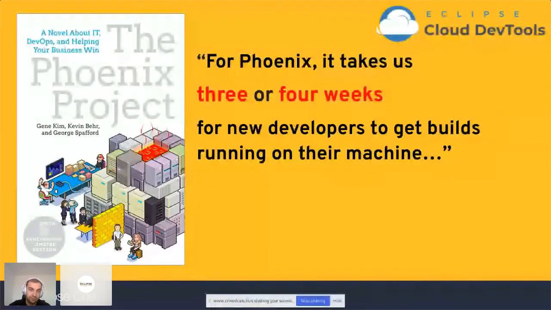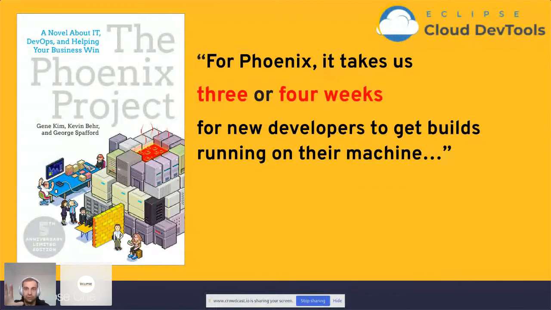Like in this book, how they solved this problem with onboarding: they started to use virtual machines. I think the book was written sometime in 2013, and we know that the first version of Docker and the first version of Kubernetes were released roughly at the same time.